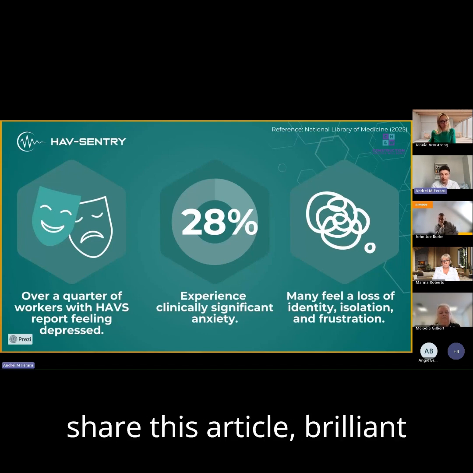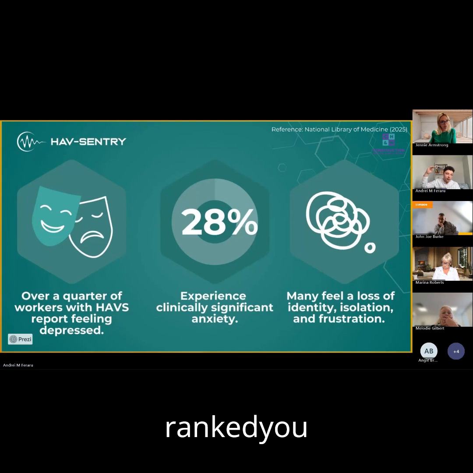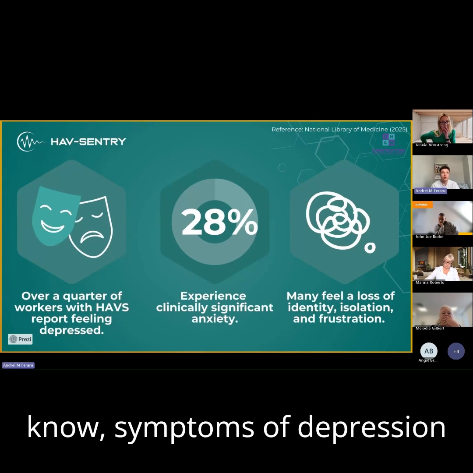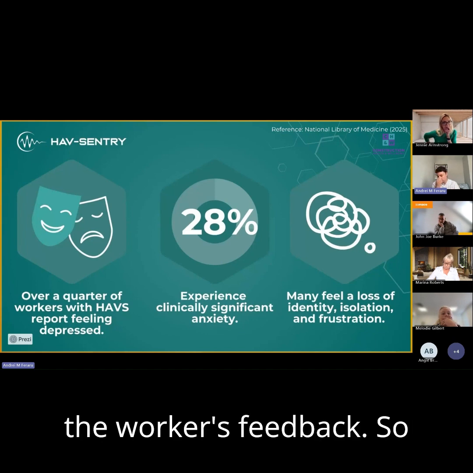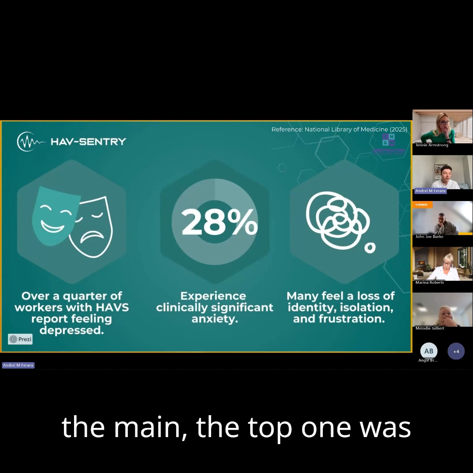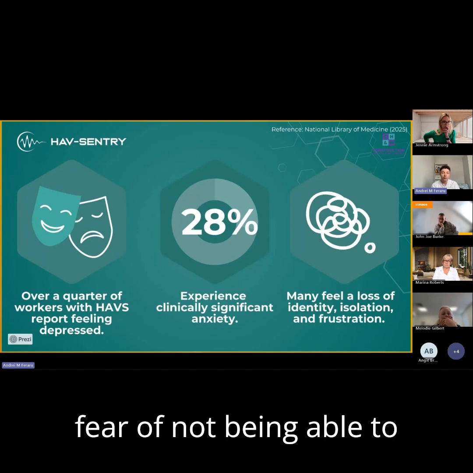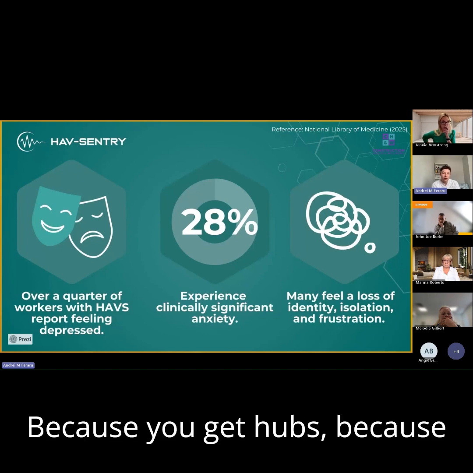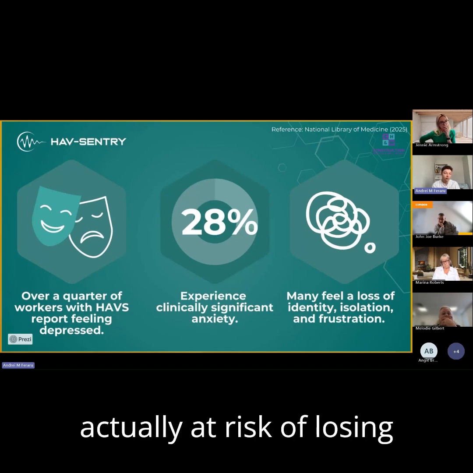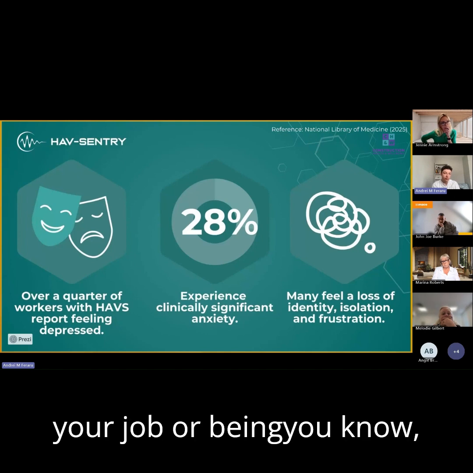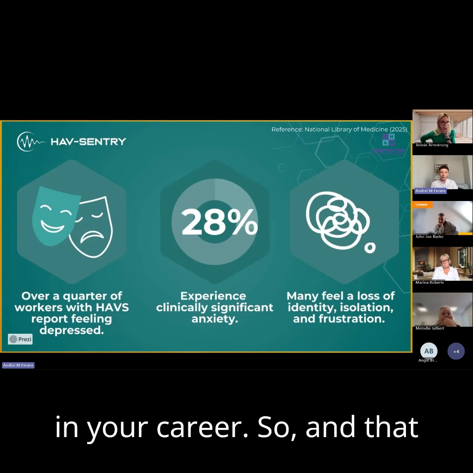Like I said, I'm going to share this brilliant article, and they've actually ranked symptoms of depression and mental health based on the workers' feedback. The top one was always related to the fear of not being able to provide for the family. Because you get HAVS, you're impaired and you can't do your job anymore, you are at risk of losing your job, or not being promoted, not advancing in your career.